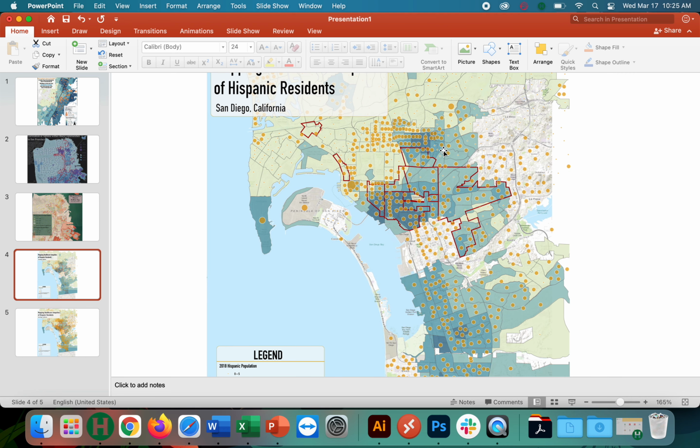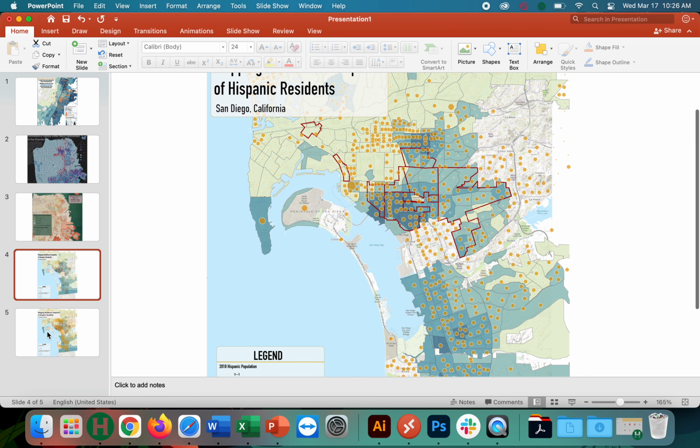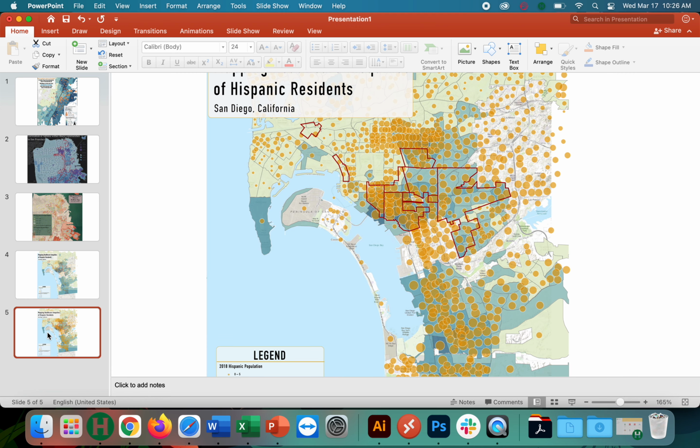So when you have a map like this, that is more indicative of the structure of the city, the residential structure of the city, but doesn't really show you that rate of change of one demographic compared to other demographic groups or compared to the whole. So always normalize your data is my point, and you can see visually how that changes the composition of the map, for sure.